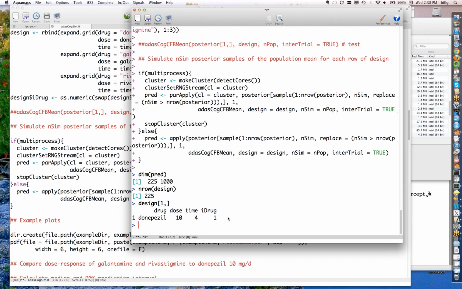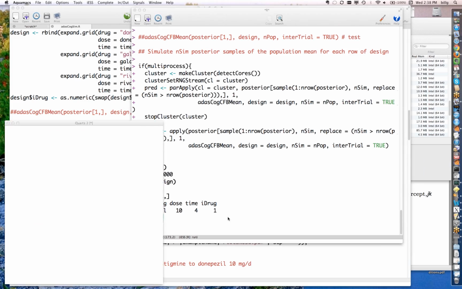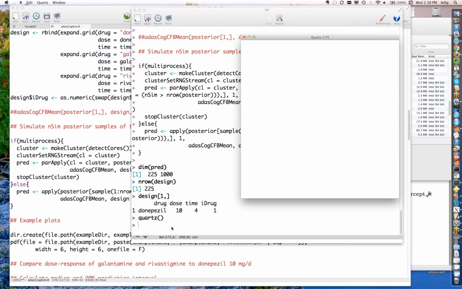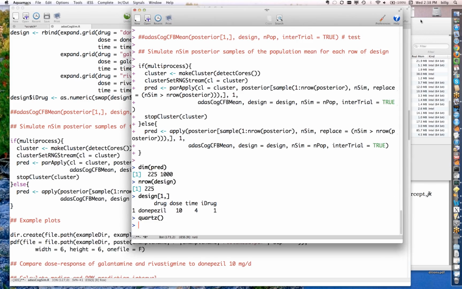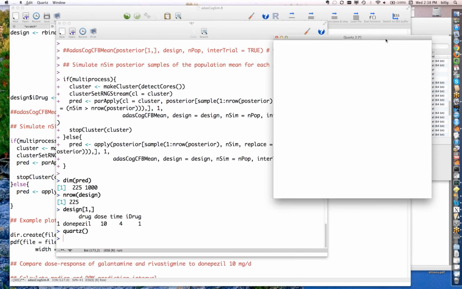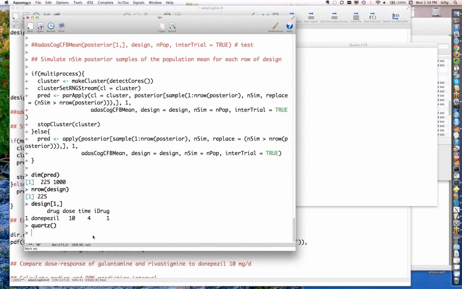And if you wanted to, let's go ahead and pull up a graphics window. You could even look at a histogram, for example.